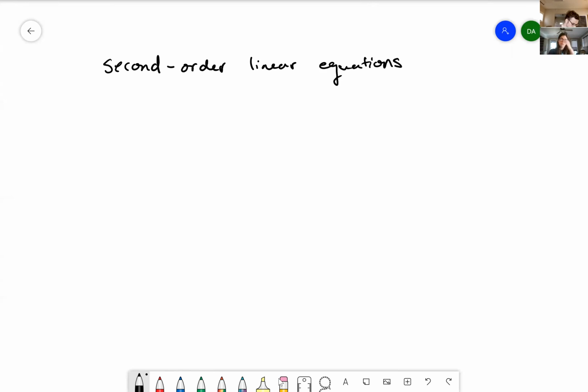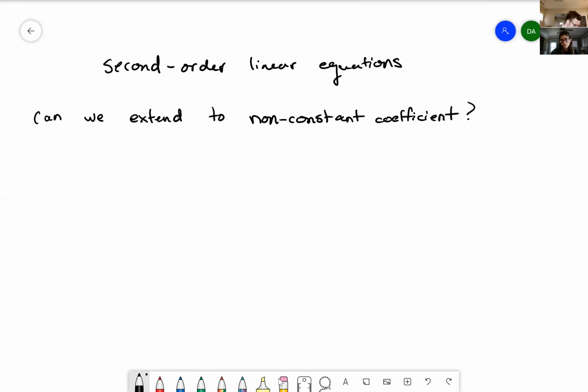And we want to see if we can extend to non-constant coefficients. That's a natural next question. What can we do to do this?